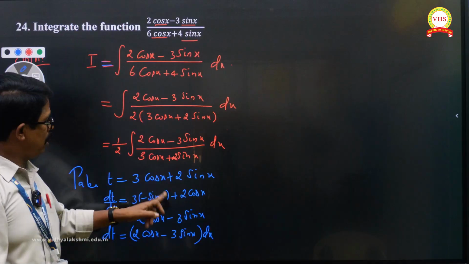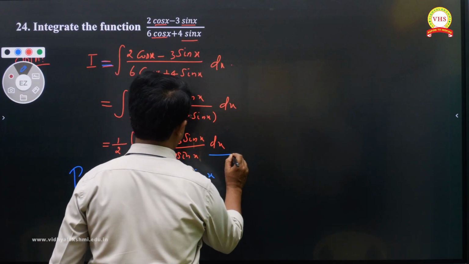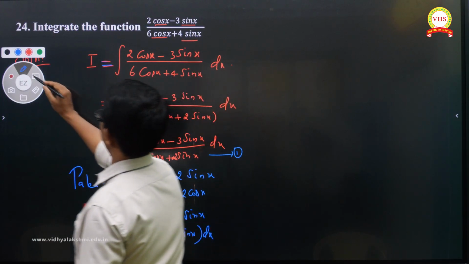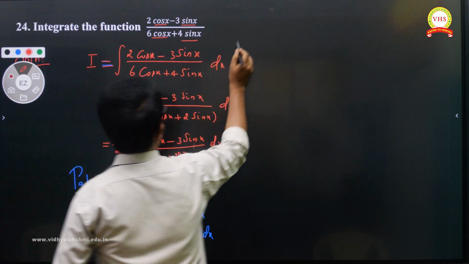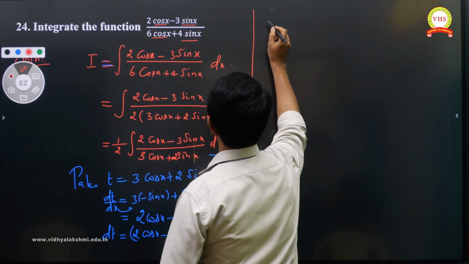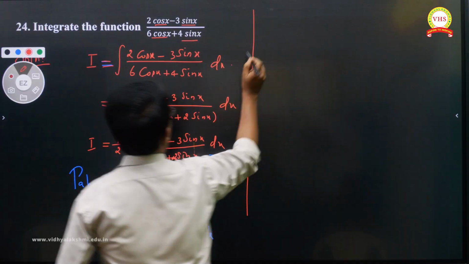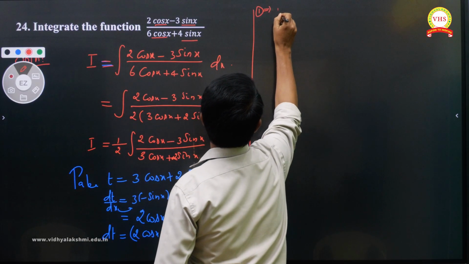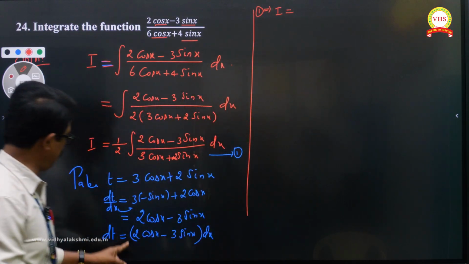What are we going to do next? We are going to substitute in equation number 1. What is equation number 1? I equals the integral. What does the integral become here, Kanna?